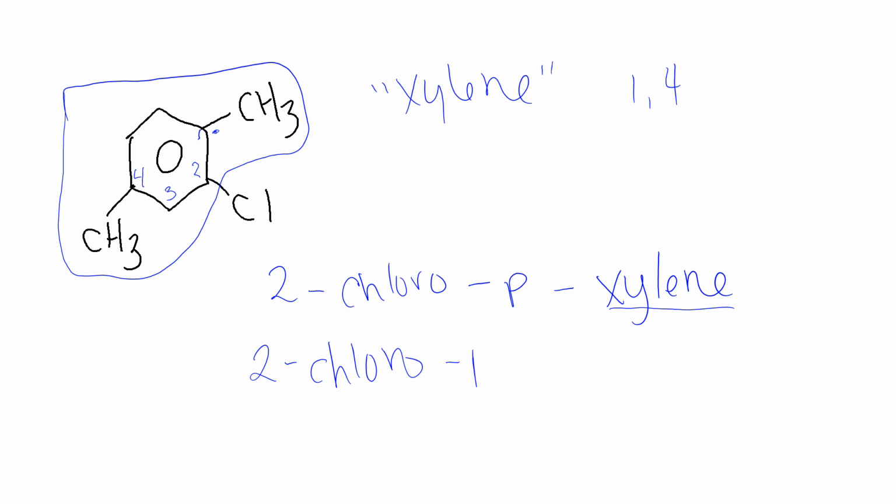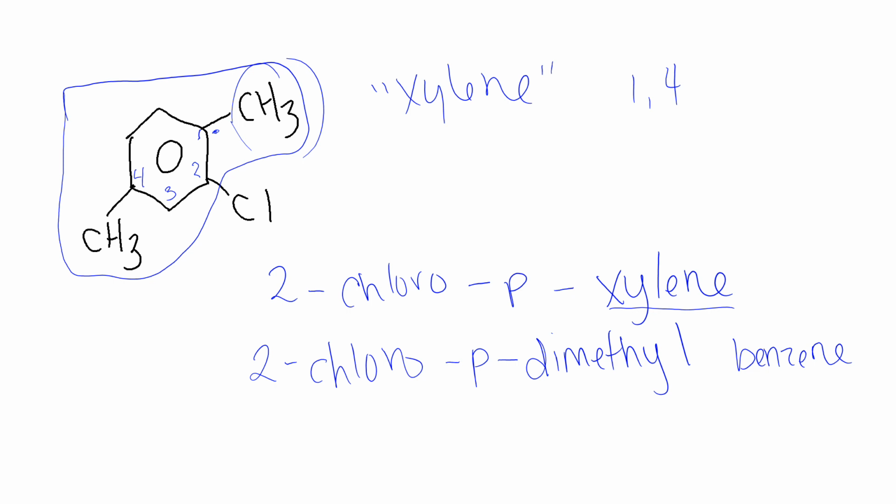If we were not using xylene as our root, as our common name, we would still call this 2-chloro. We would still mention that we have two methyl groups in the 1,4 pattern, or the para pattern, but this time we would use benzene as our root, and we would actually mention each of these methyl groups by themselves. So you would have p-dimethylbenzene. Now these guys mean the same thing.